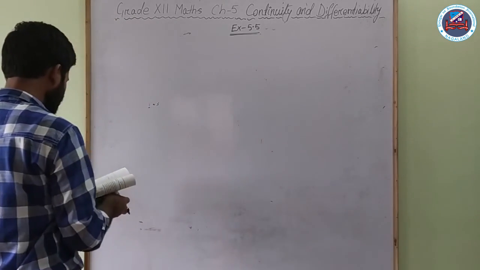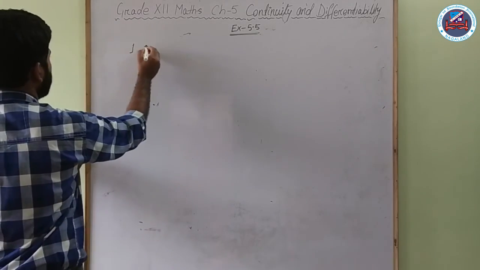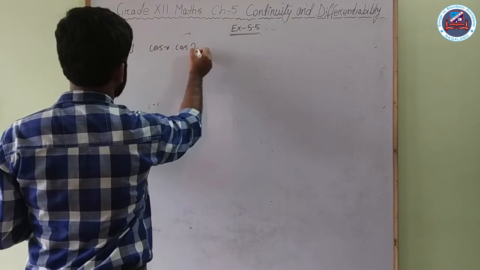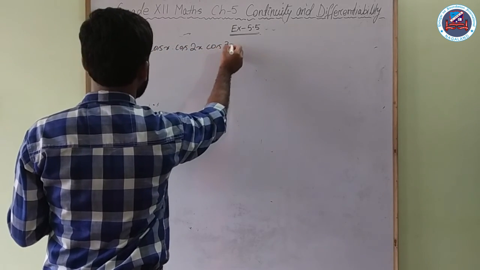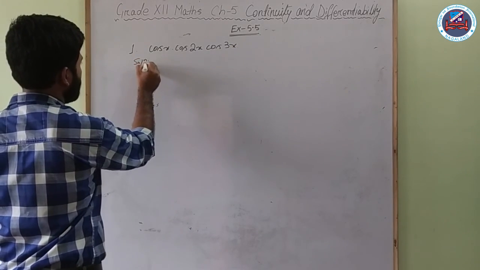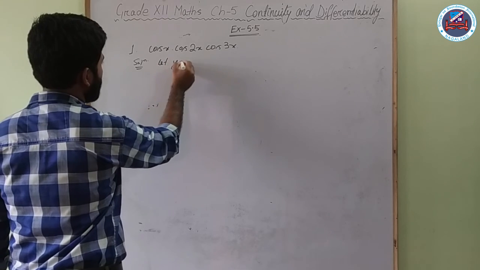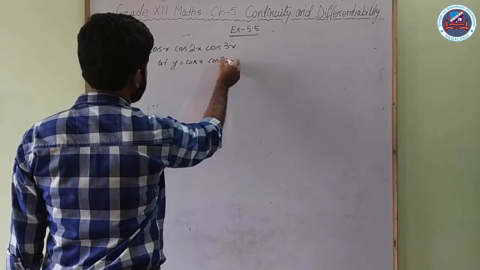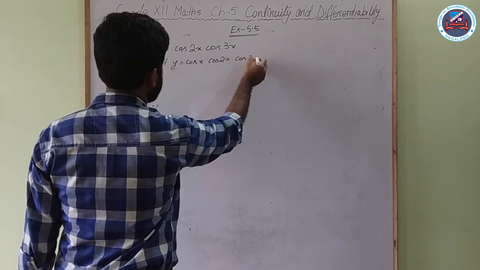Here the question is given cos x, cos twice x, and cos thrice x. So let us write that y is equal to cos x, cos twice x into cos thrice x.